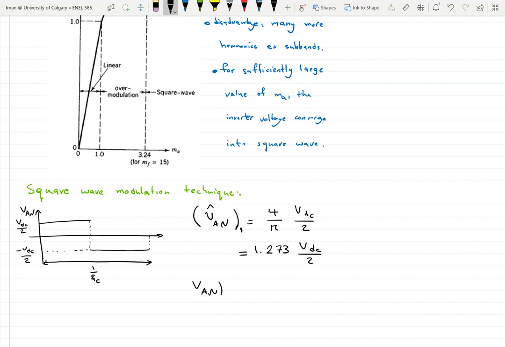And its other harmonics, VANh magnitude, is equal to VAN1 divided by h.